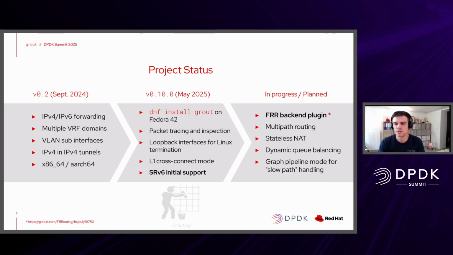For example, when you receive an ARP reply or request, instead of processing that in the data path, you would want to send that to another CPU so that you can continue processing other packets at high speed and let the control plane CPUs handle that. For now in Grout, we need to send the packet out of the graph to be handled differently, and then it needs to re-enter at some point. We would like to have something more integrated, so everything stays in the graph.